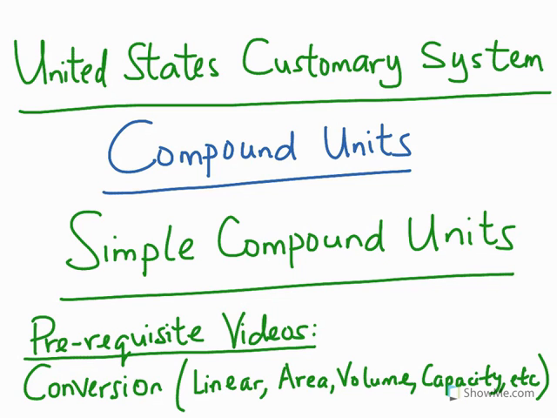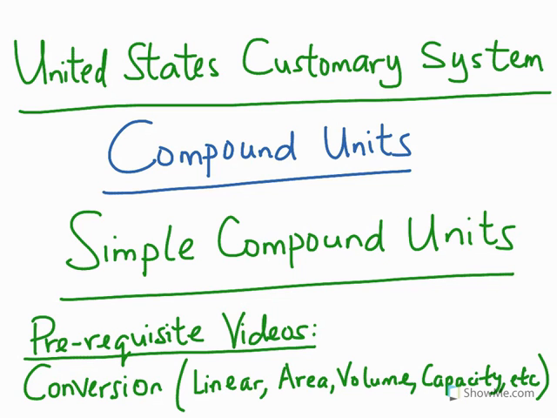Now, derived units are something like, for speed, we have miles per hour. For pressure, we have pounds per square inch or pounds per square feet. So the derived units are the units of the derived quantities.